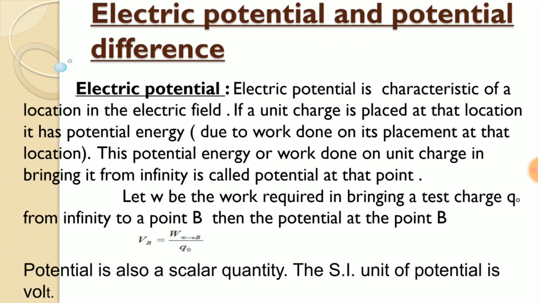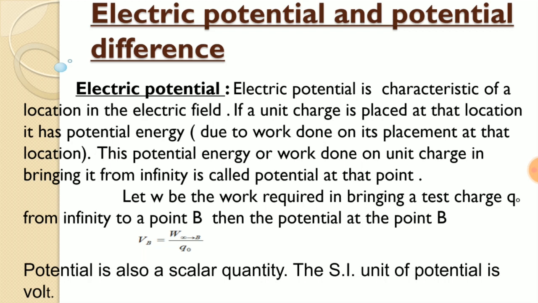We know that potential is a characteristic of the position of any body. So if a charge is placed in an electric field, it has potential energy due to work done on its placement at that location. Let W be the work required in bringing a test charge Q0 from infinity to a point B. Then the potential at that point B is VB equals W, the work done from infinity to point B, divided by Q0.